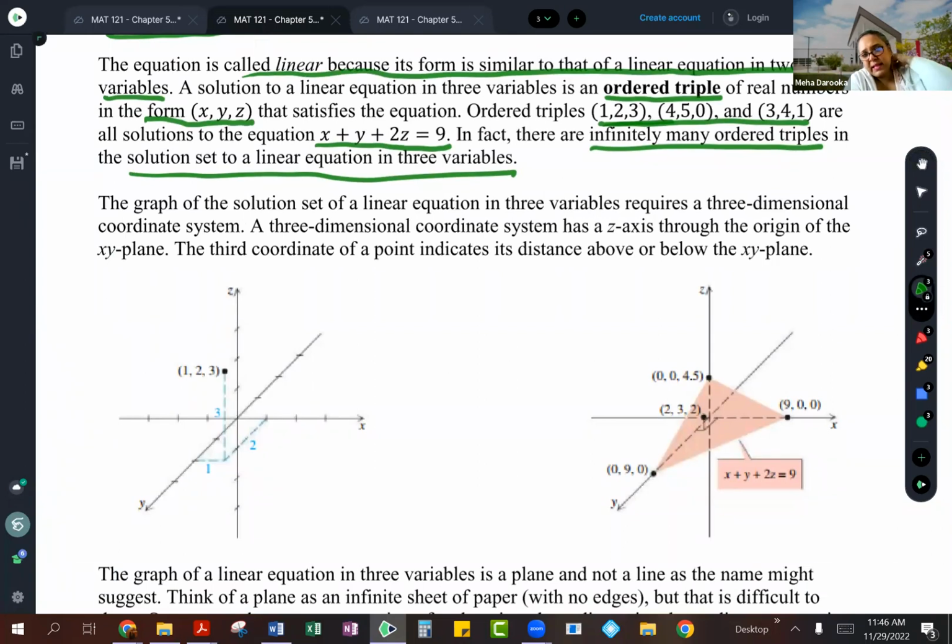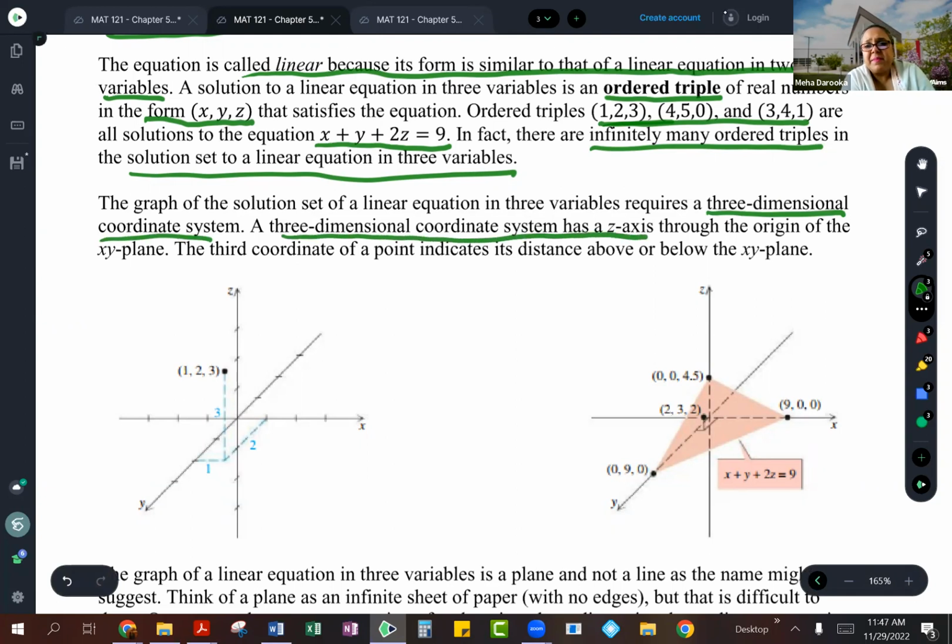Now, like I said, it's kind of hard to visualize what these graphs will look like. But basically, the thing to remember is this is going to be a 3-dimensional coordinate system where your third axis will become the z-axis. And the idea is your z-axis will be passing through the origin of your x and y plane.